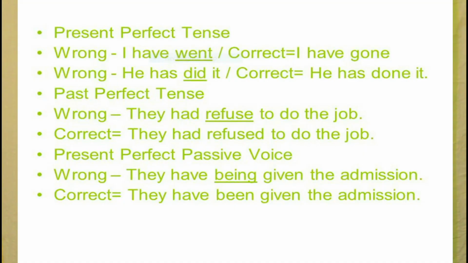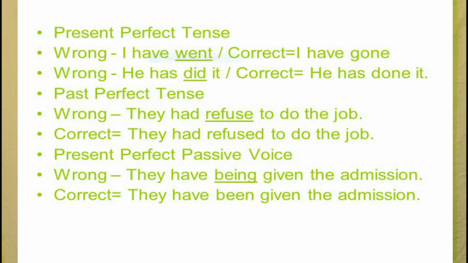The same way, past perfect form: they had refused to do the job. Not quite correct, because had has come. Remember the auxiliary verb have. So once have comes in to indicate the tense form, the verb actually changes to the perfect form. So they had refused to do the job. It has to go on to the past tense or the perfect form.